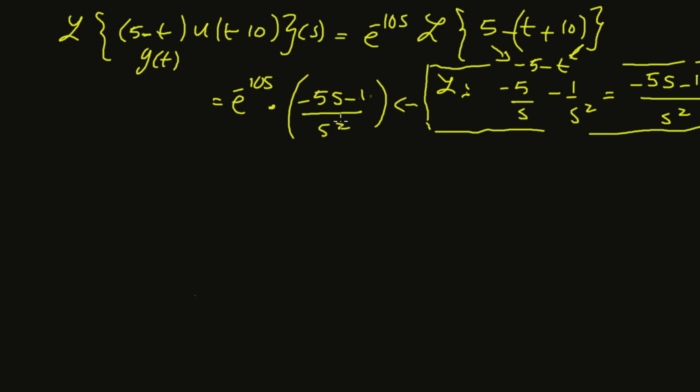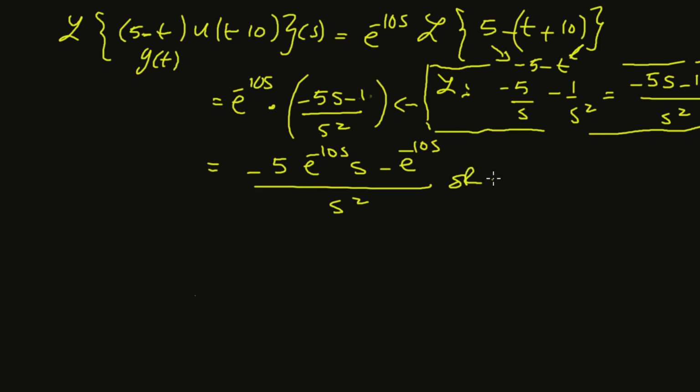Okay, which now if we distribute this exponential part here, and same thing, if we need to put a negative outside, we can do 5s times the exponential of negative 10s plus the exponential of negative 10s all over s squared.